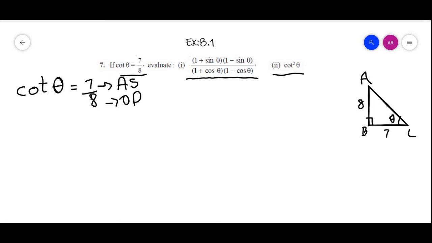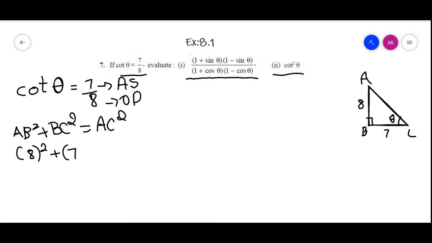So how to find the side AC? We're going to use the Pythagoras theorem. What does Pythagoras theorem say? It says that AB square plus BC square is equal to AC square. What is the value of AB here? It's 8, so 8 square.